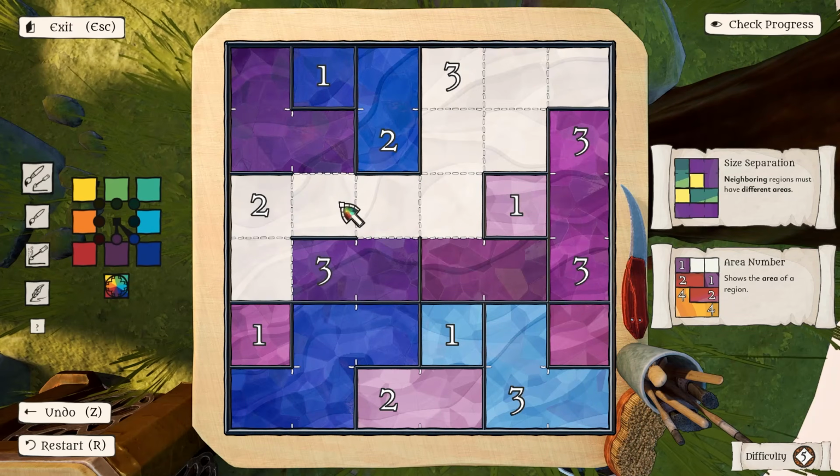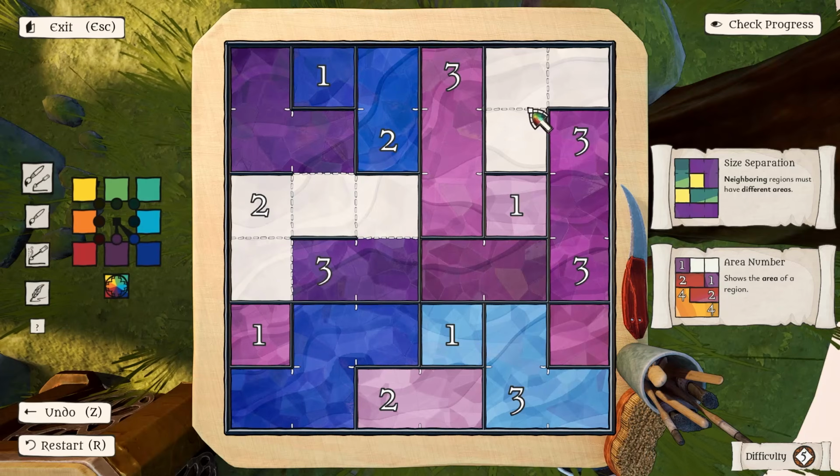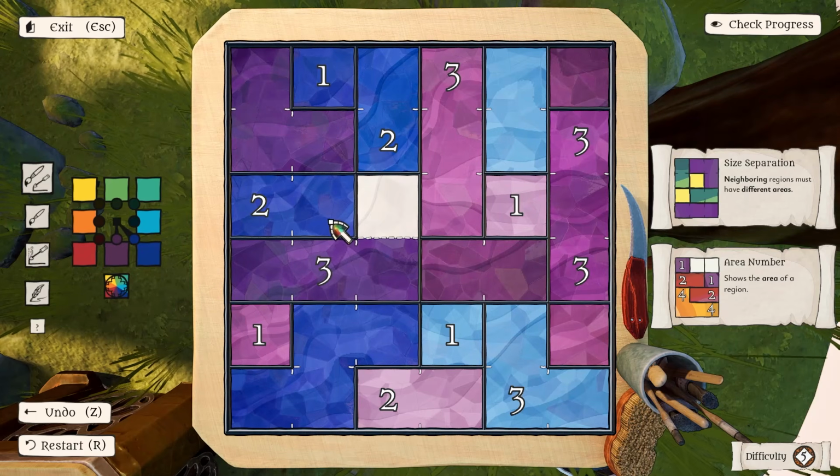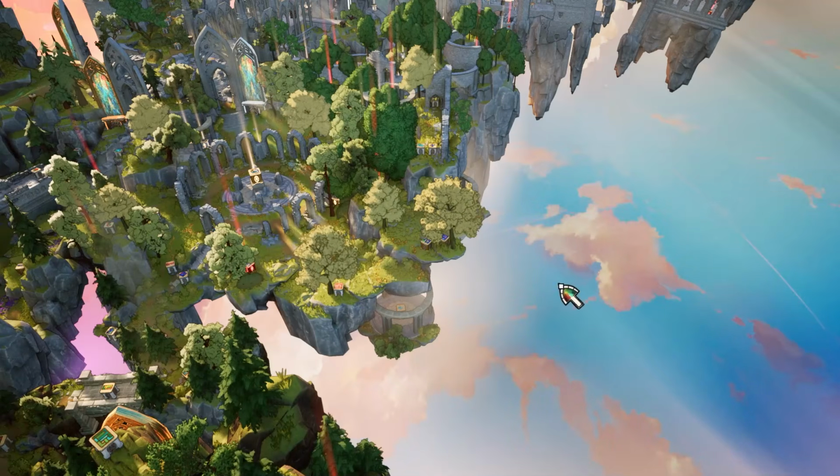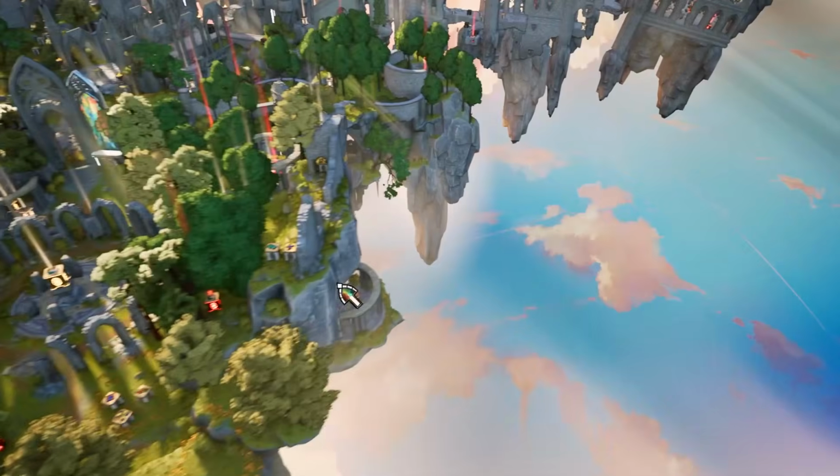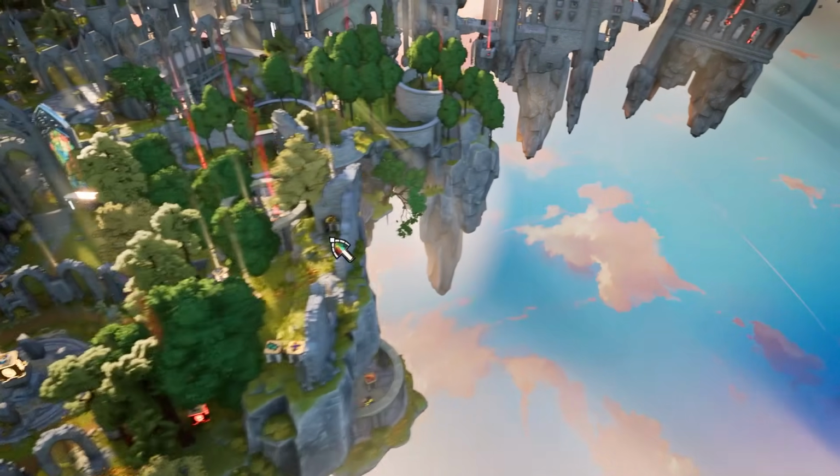Just go here, that can go there. This again can't go here, and we can't leave a single gap here. Ooh. So we're not doing that or that, so we must be doing that. That has to be a 2 there, and that's a 1. There's a 3 there, so that has to be there. That has to be there. Done. Yay. Neat. So yeah, see, the 5s are not that bad really at all.